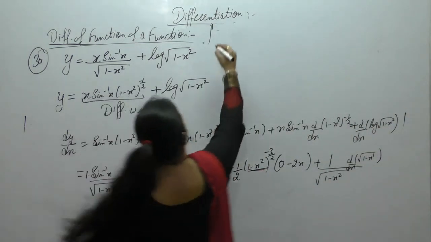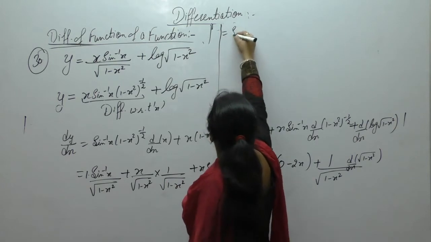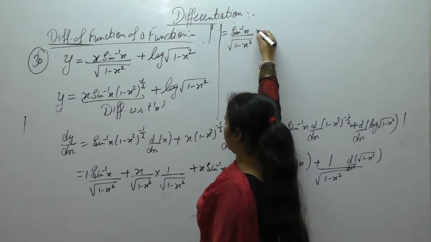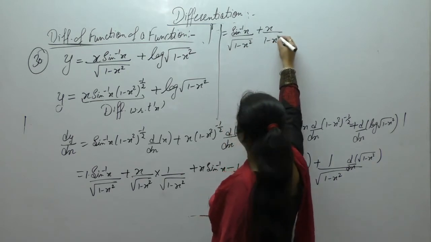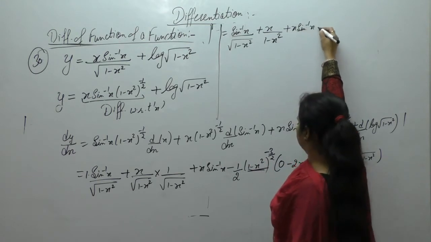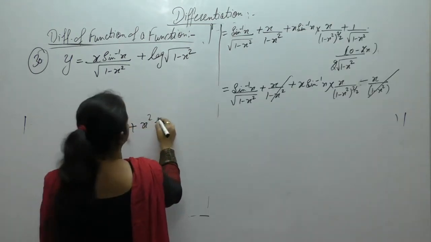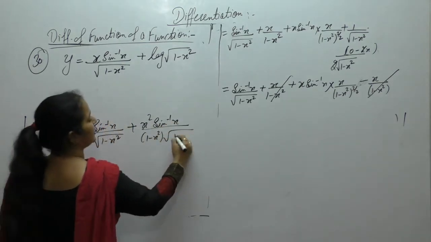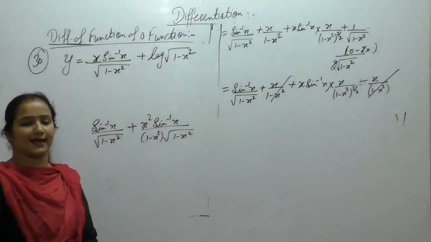So what we get here: sin⁻¹x/√(1 − x²) plus x/(1 − x²) plus x sin⁻¹x/((1 − x²)√(1 − x²)).